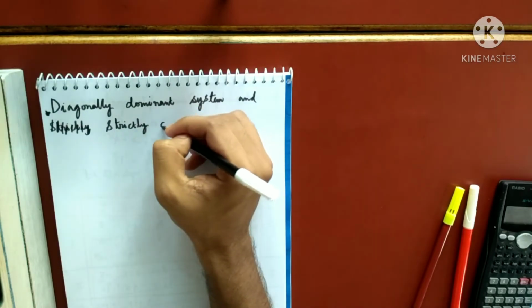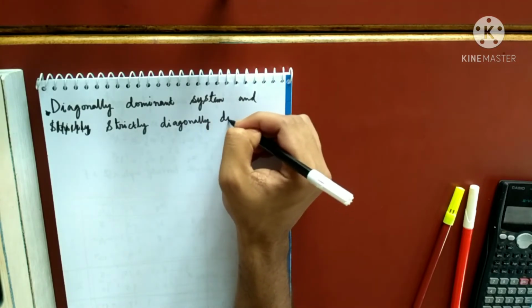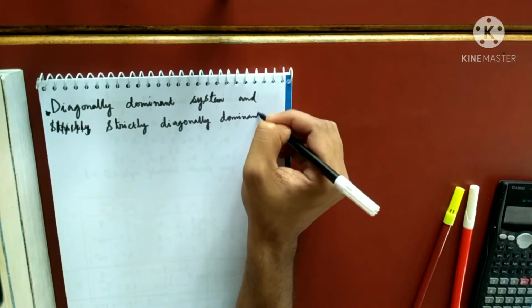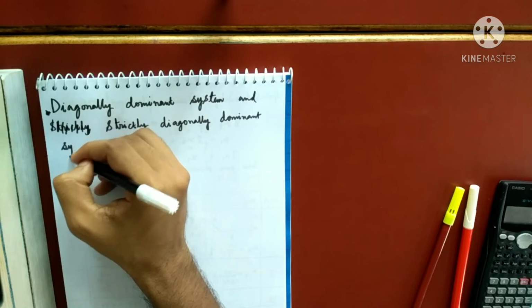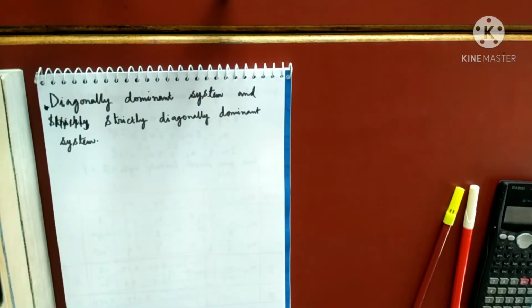Strictly diagonally dominant system. Which chapter is it? We are still doing system of linear equations. I will teach you another method.